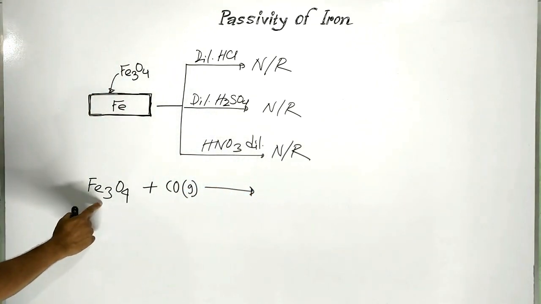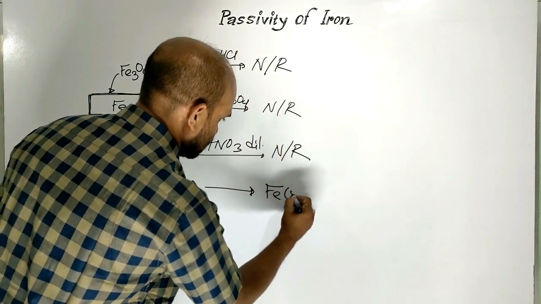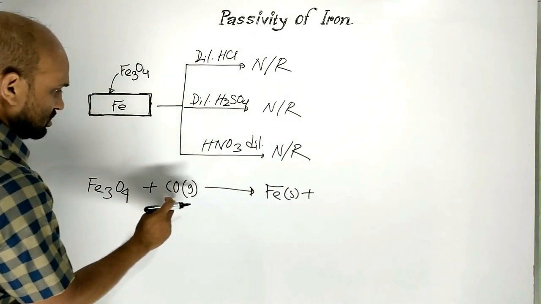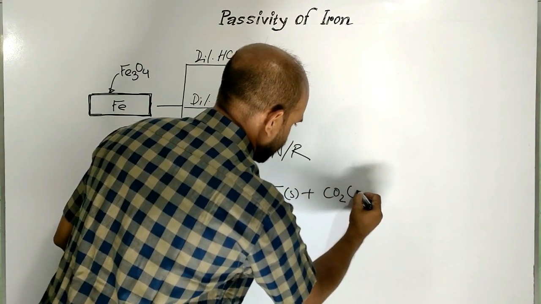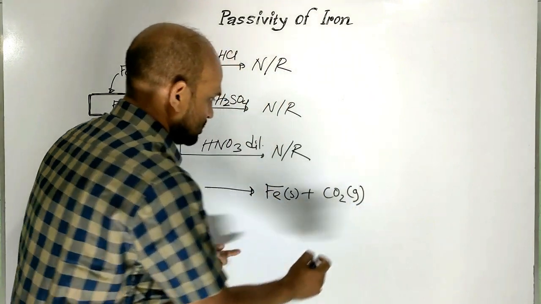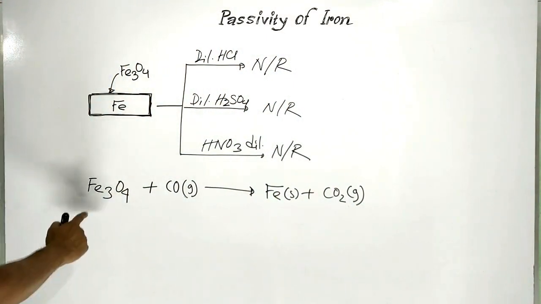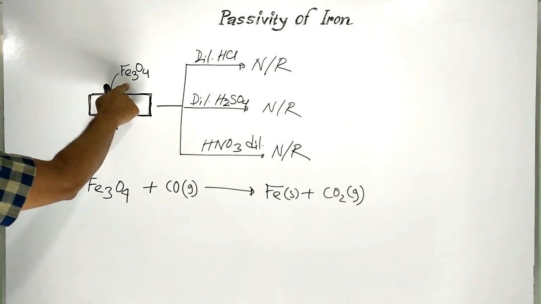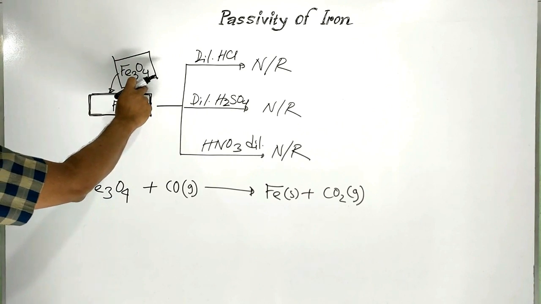Then ferrosulfuric oxide is reduced to iron, and carbon monoxide is oxidized to carbon dioxide gas. In this way, the inertness of iron can be removed by removing ferrosulfuric oxide.